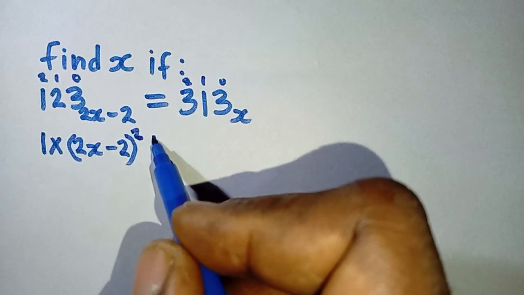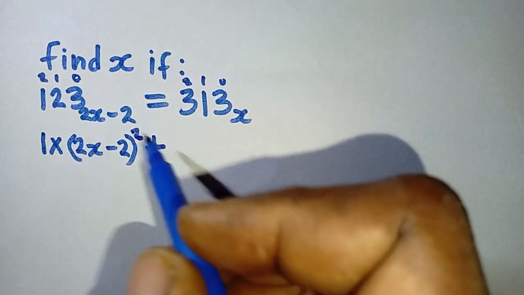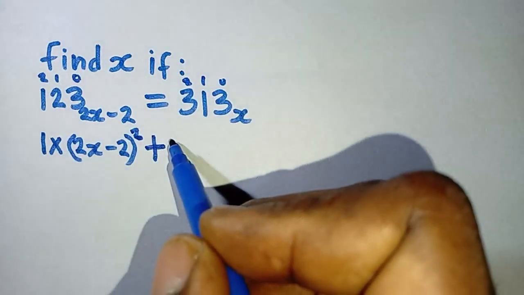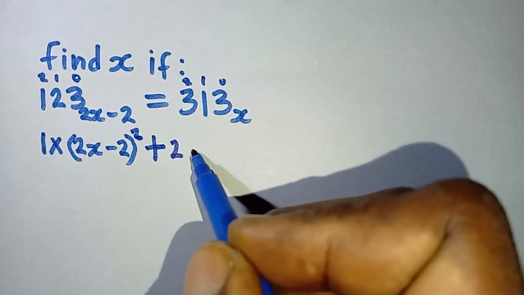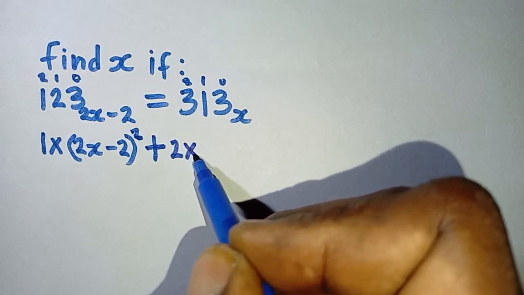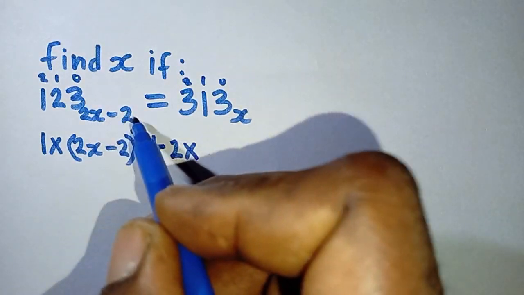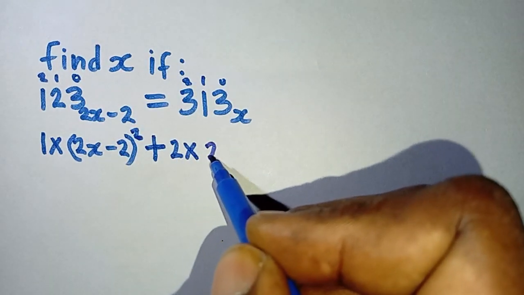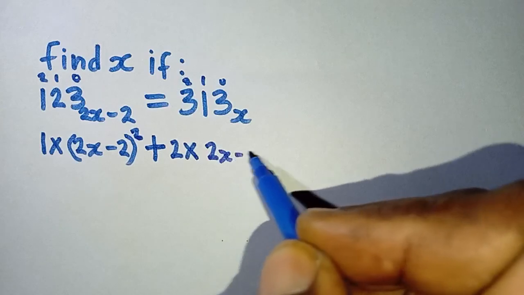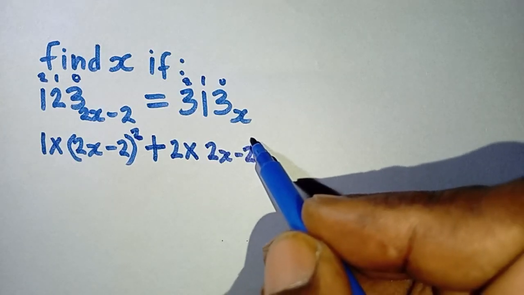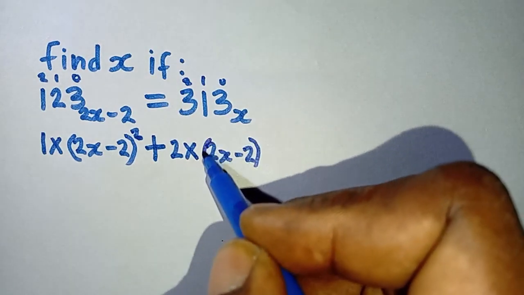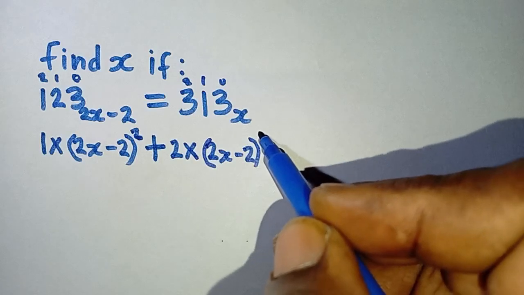Then we add it to 2 here, multiplied by the base, which is 2x minus 2, all raised to the power 1.